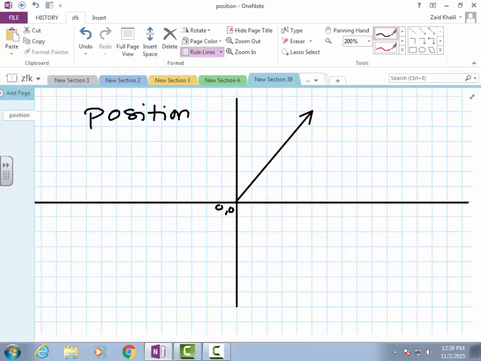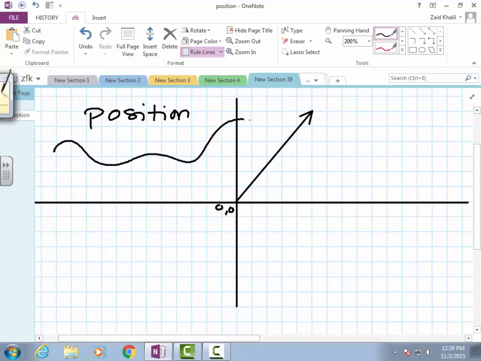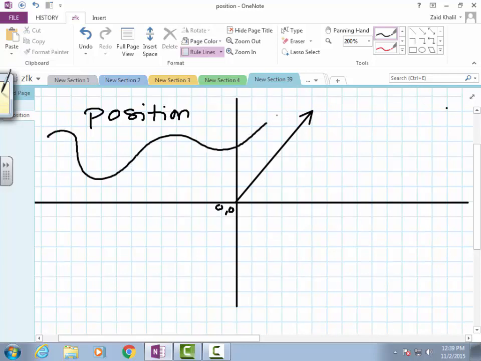In other words, here is this object, here is this fly, and what the fly is doing is traveling like that. And of course, this is the y.